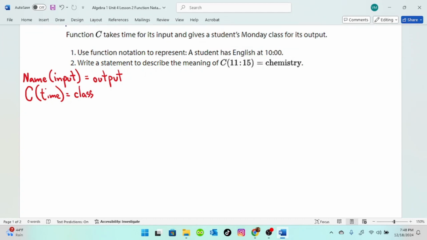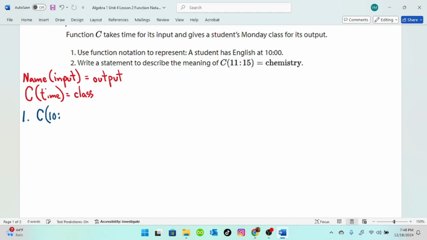Number 1. Use function notation to represent a student has English at 10 o'clock. Well, if I fill in what I just came up with, I have C. In parentheses, I want to put the time, and that's 10 o'clock.